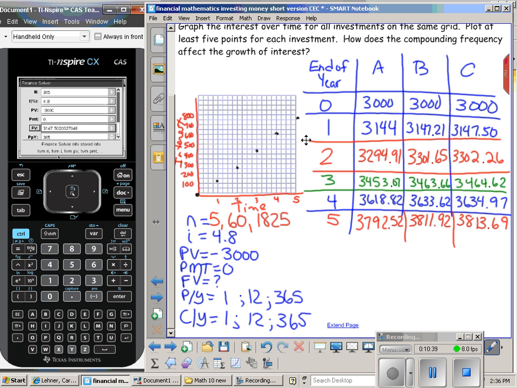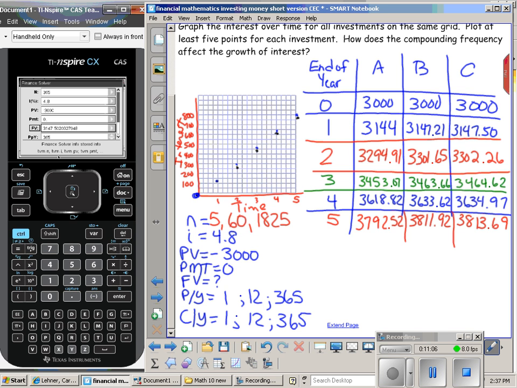We compare it to option B, $0 in the first year, just about the same on first year. Now we start to split a little bit. We're just over the $300 mark. Year 3, we're between $450 and $500. Year 4, just over $633, and then over $800.